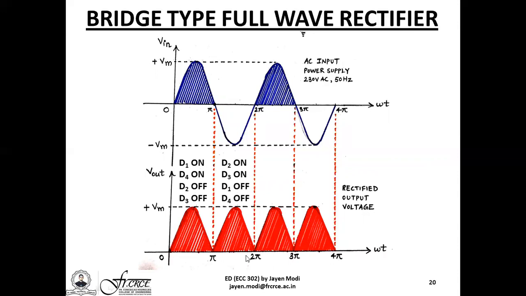The same sequence of events continues since we are getting a rectified output voltage, which is once again of a pulsating nature. It has a DC component and it has an AC component as well built into it. This is not purely DC because the value touches 0 at the origin, pi, 2 pi, 3 pi, 4 pi, etc.